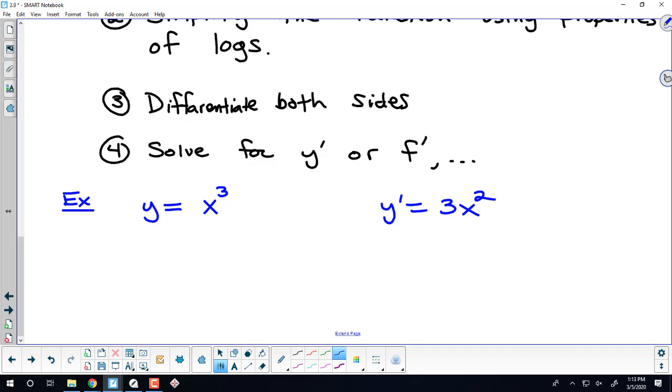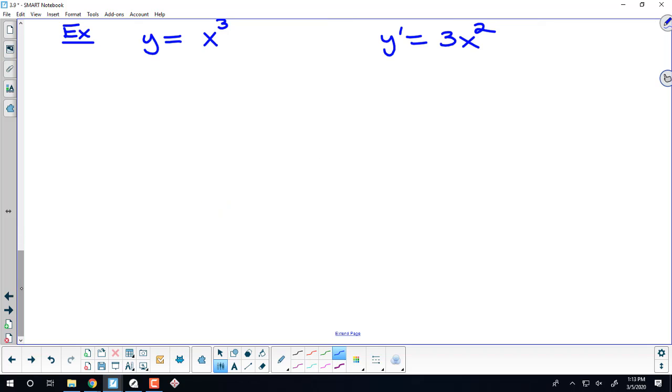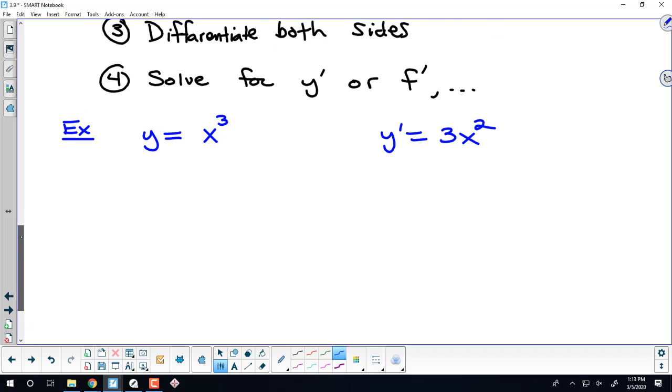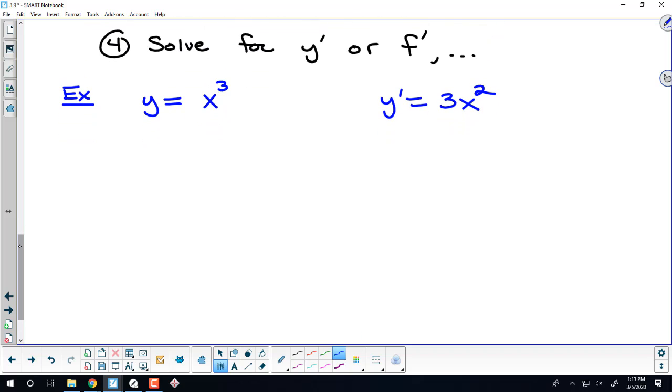In a lot of instances where you don't have tons of operations happening, it's easier just to do a regular derivative with the rules we already know. But we could do logarithmic differentiation on this. The first step is to take the natural log of both sides.